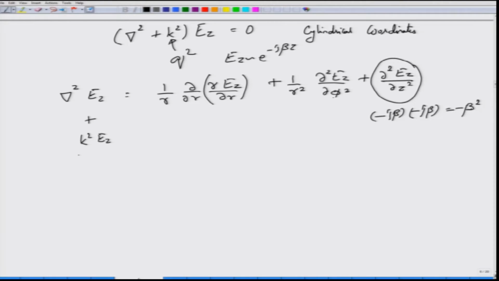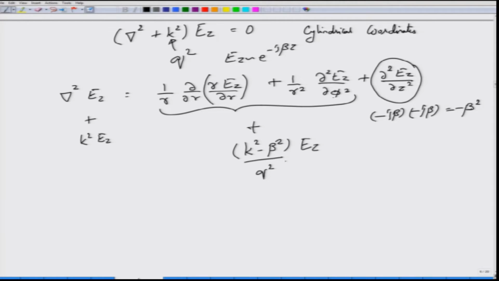So if you add k square Ez, when you group the terms for Ez, you are going to get k square minus beta square into Ez. The dependence on r and phi still remains the same. This is the reason why I said k square minus beta square, because that is defined as q square. I can replace this into this expression.